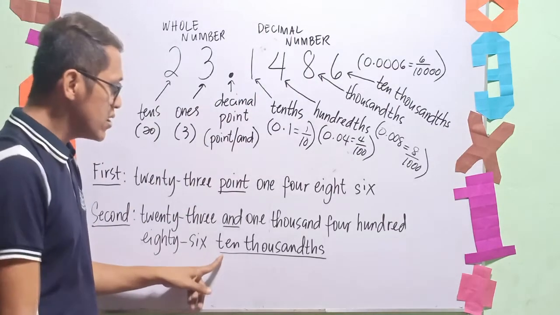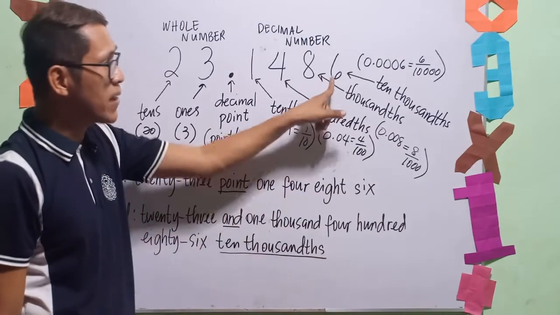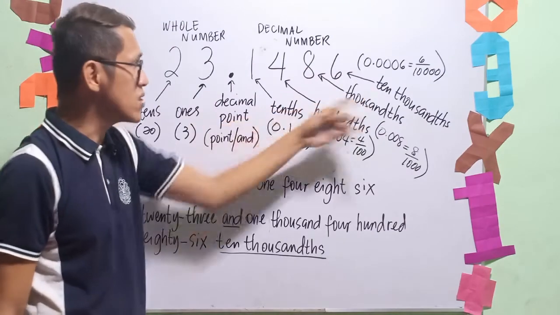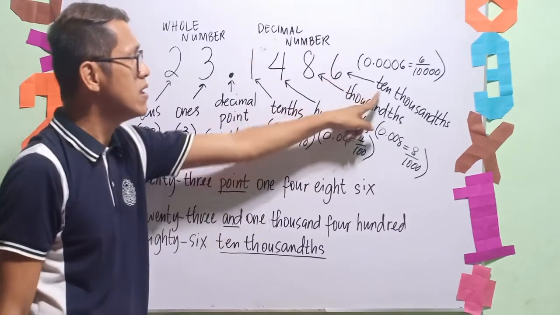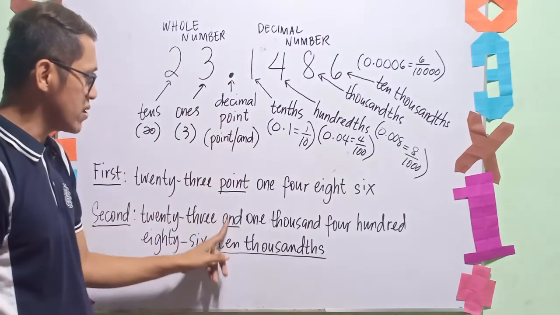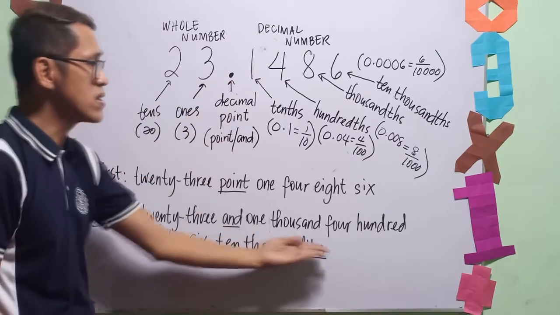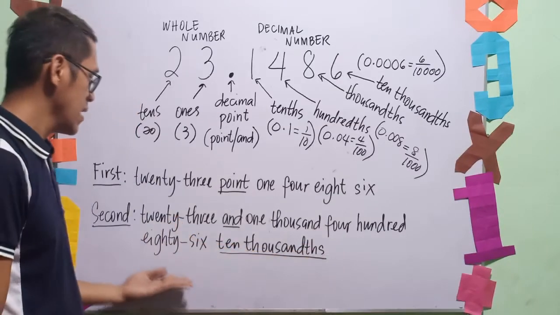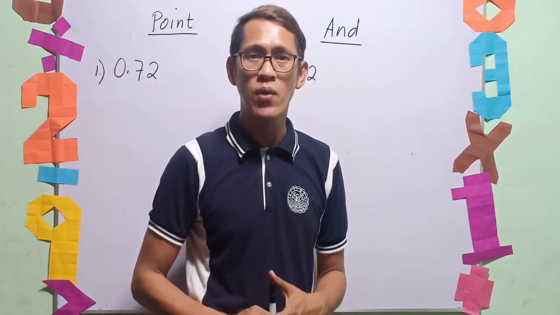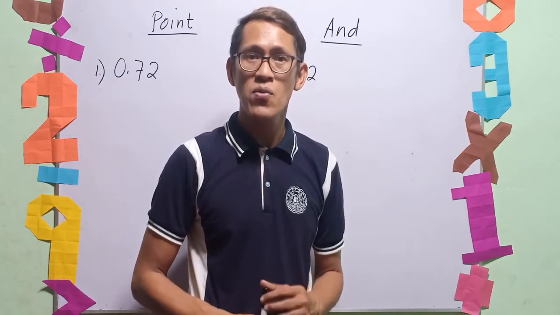After that, use the place value of the rightmost digit. The place value of the rightmost digit is ten thousandths. So after you read this as a whole number, use ten thousandths. So to read this number using "and," it's 23 and 1,486 ten thousandths.